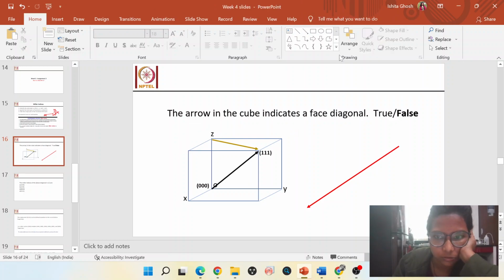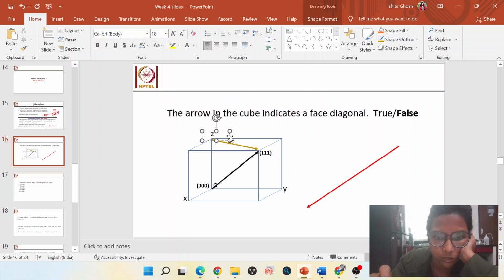Yeah, so this is nothing along x, so 0, and nothing along y, 1 along z.